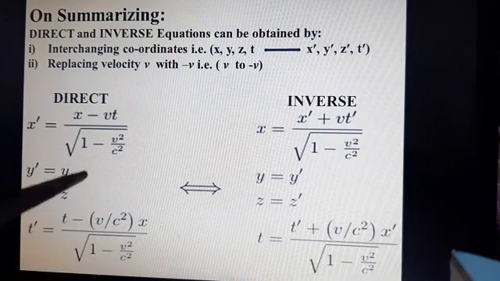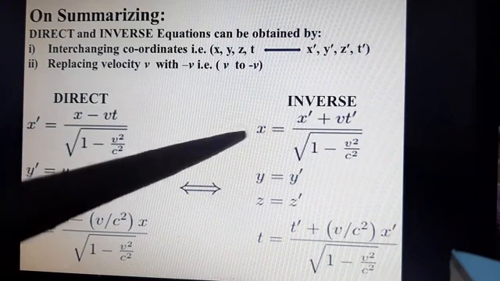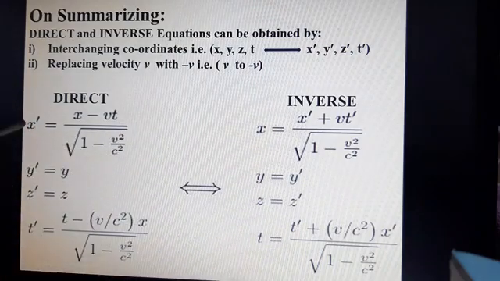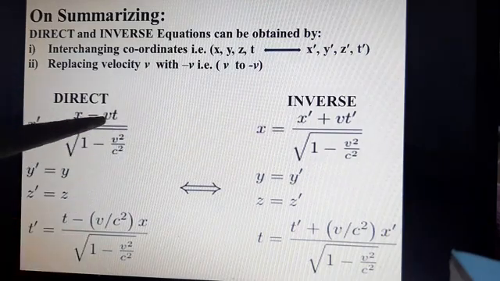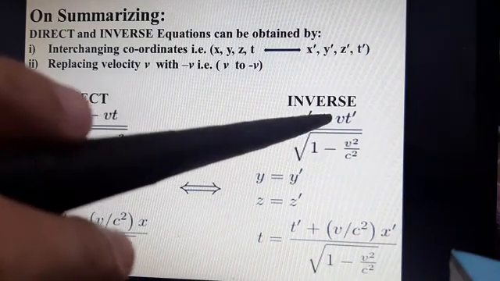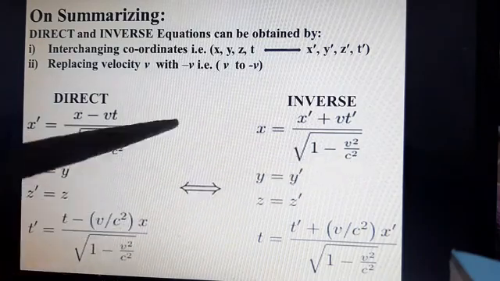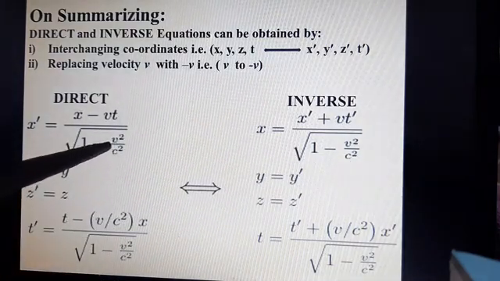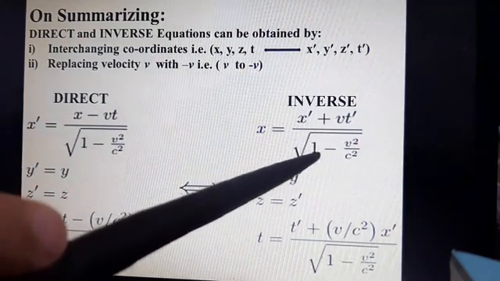And if we change these coordinates, then we will get these equations, that is x dash becomes x and x becomes x dash, and minus v, that is minus minus plus, so plus vt dash over the factor. The factor remains the same because when we change v into minus v, the square of minus v is again v square, that is 1 minus v square upon c square.